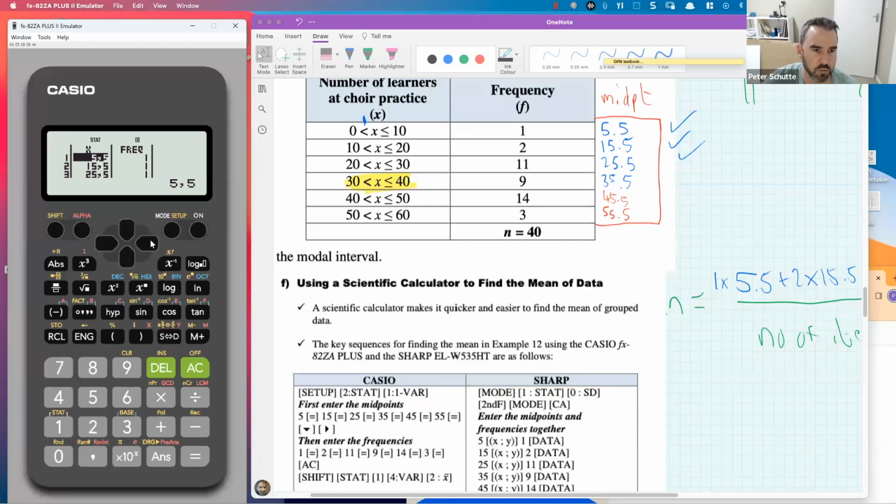So what we have to do is go across. The frequency of 1 is fine there. This one should be a 2 equals, 11 equals, 9 equals, 14 equals, 3 equals.